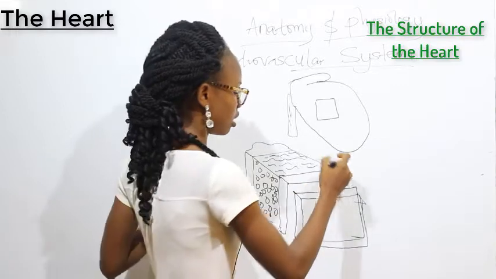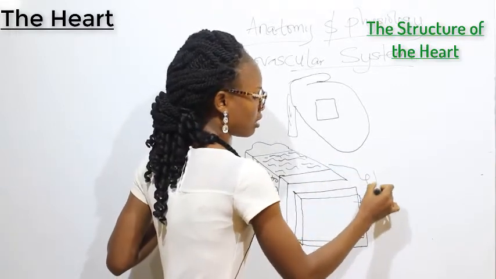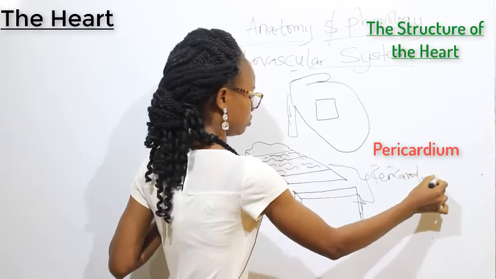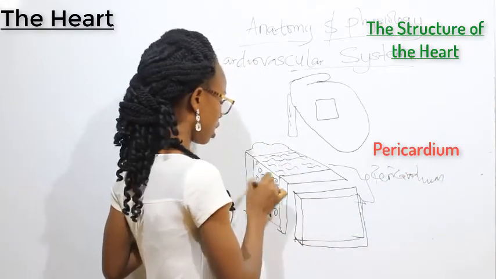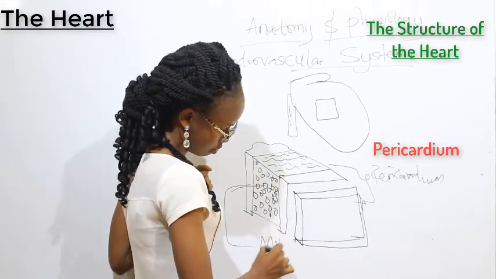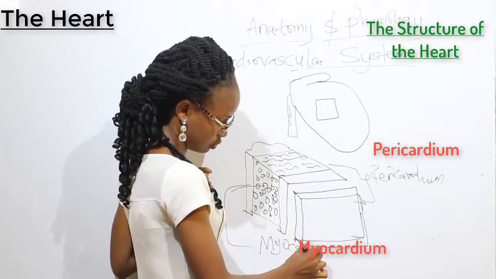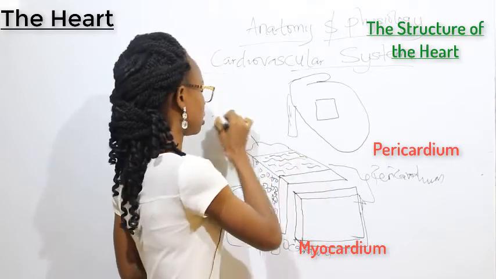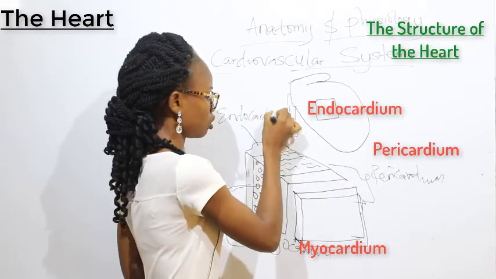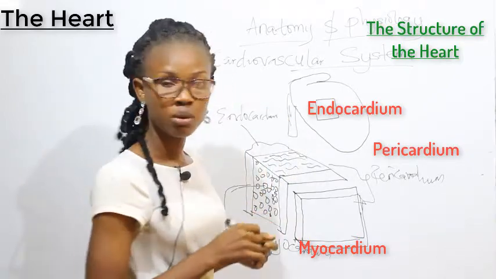So here we have our pericardium, our myocardium, and endocardium. So take them one after the other.